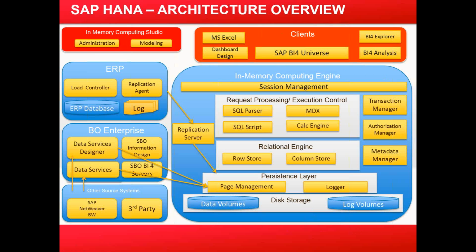This particular area or process will control how that table data should look and how the table data should be perceived. So there is a dedicated service that is going to handle either the row-wise or the column-wise storage of data, and those kinds of activities happen only in the relational engine.